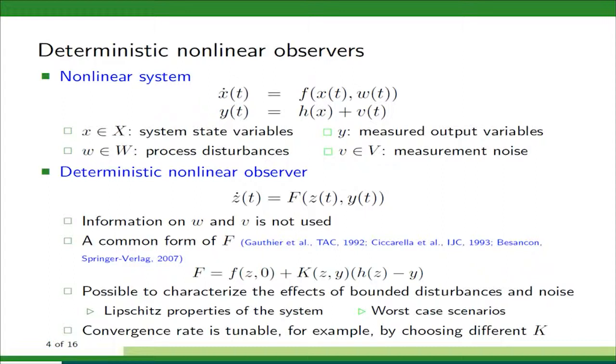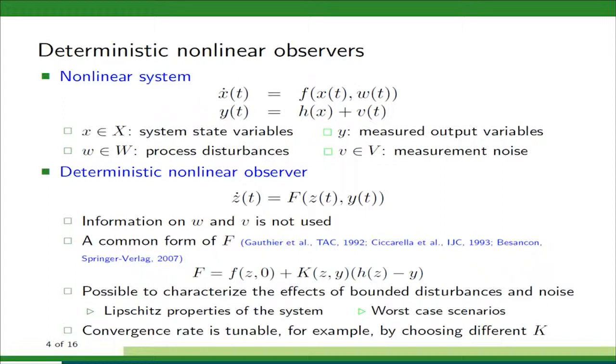As just mentioned, in the design of deterministic nonlinear observers, the information on the process disturbance and measurement noise is not used. And the observer in general is a function of the state of the observer itself and the output measurements.